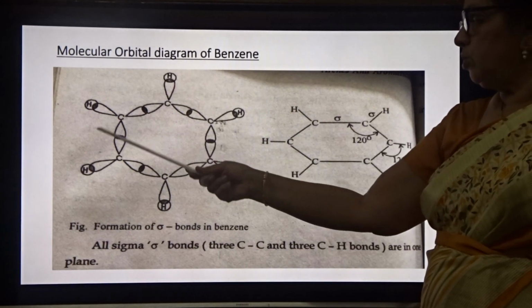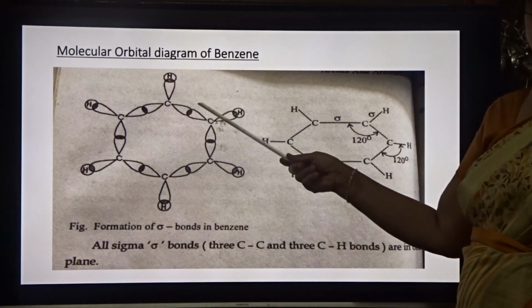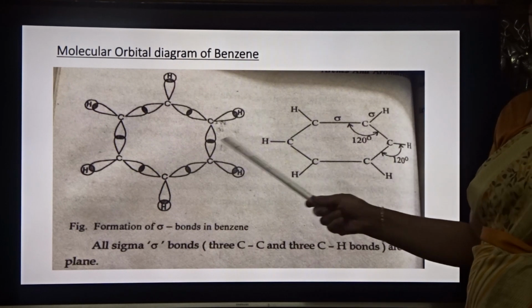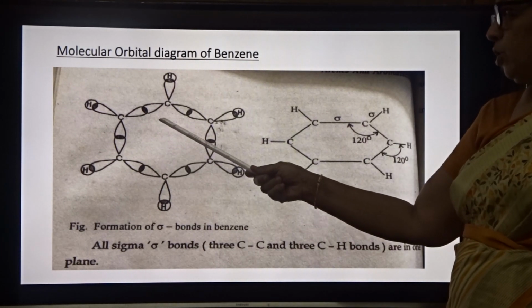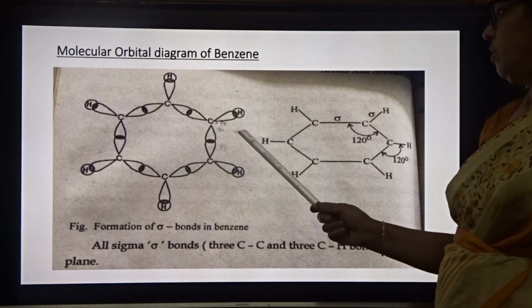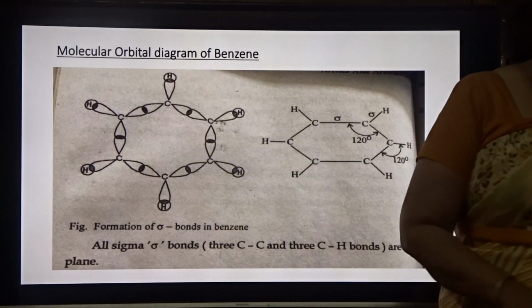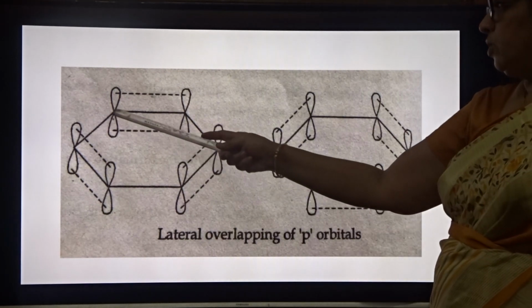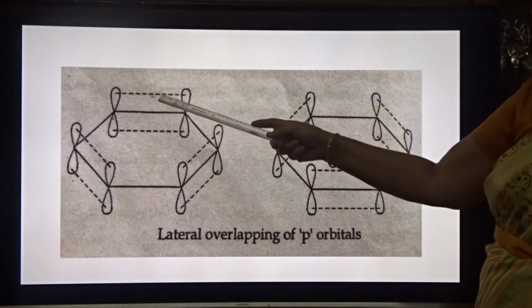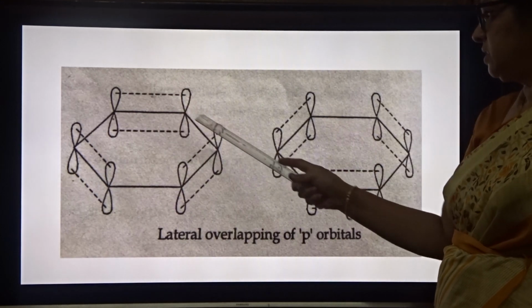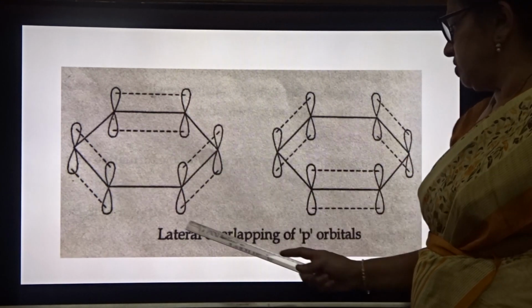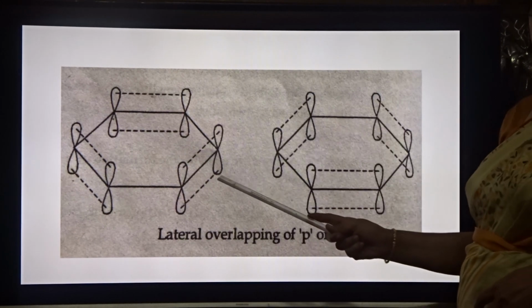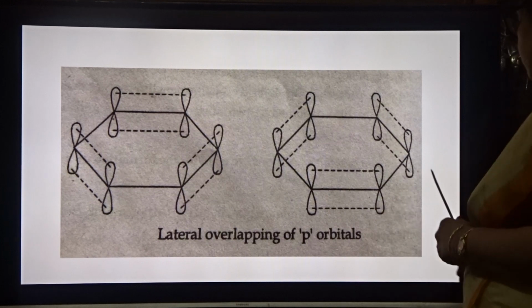This is the molecular orbital diagram of benzene. This is the overlapping, and after overlapping, the skeleton of benzene is formed by the overlap of hybrid orbitals and hydrogen atoms. Then the lateral overlap: the pz orbitals are unhybridized, and they overlap laterally to form pi bonds. Alternate double bonds are formed in benzene.